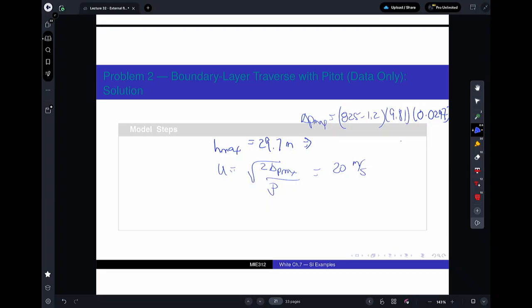So if you have the value at the very edge, you can find out what the maximum velocity at the edge of the boundary layer is. And you have 29.7 millimeters. You can calculate from that the change in pressure, use directly the Bernoulli equation, and you get 20 meters per second for a velocity.